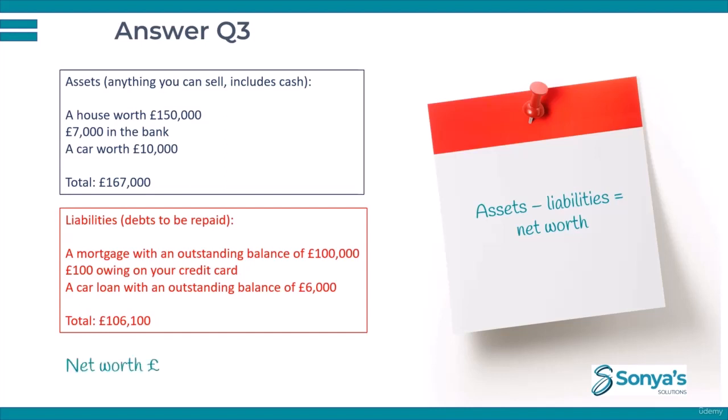To calculate net worth, we deduct the total of our liabilities from the total of our assets. Our net worth is the amount that belongs to us. So if we were to sell everything we own, repay our debts using the cash we have, we'd have £60,900 left.